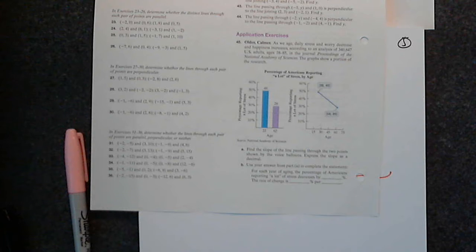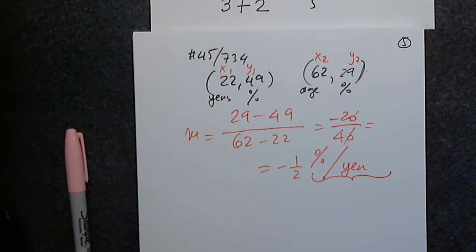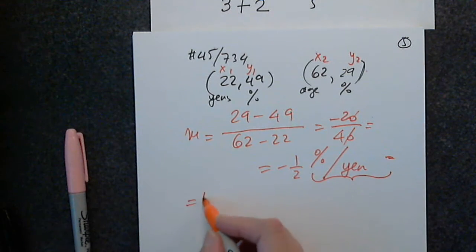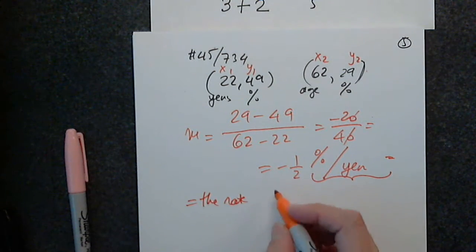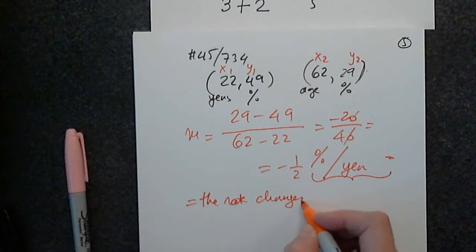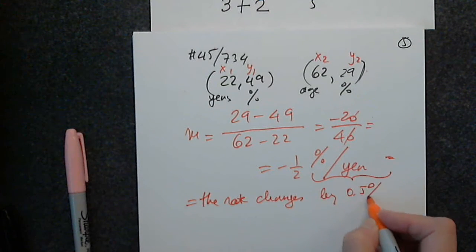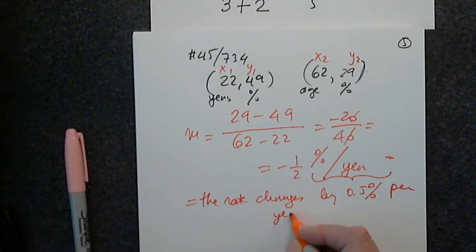So it's by 0.5. The rate of change is 0.5 per, yeah, they want us to write it twice. So I'm going to write it for you. One more time, the rate changes by 0.5% per year.